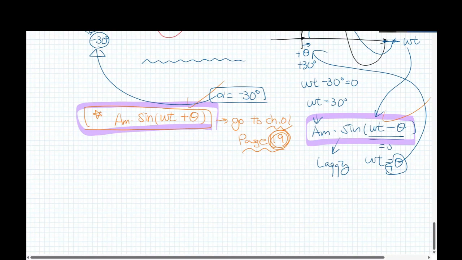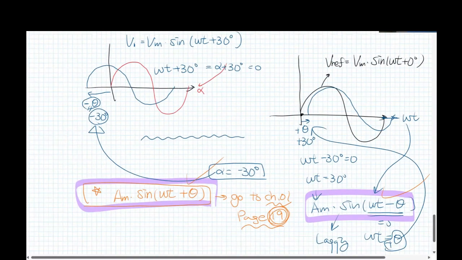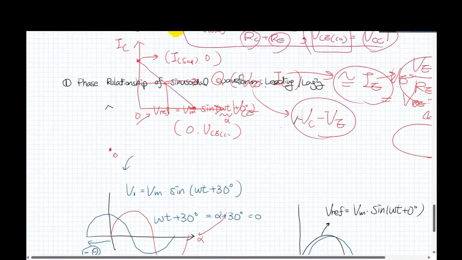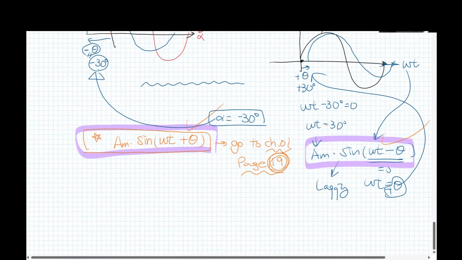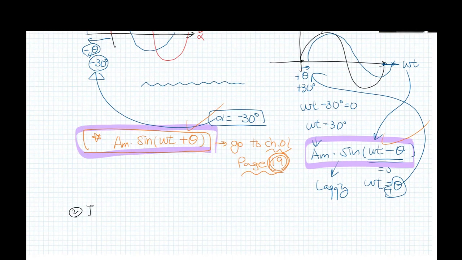Okay. So I'm going to go really quickly over the impedance with phase relationship.